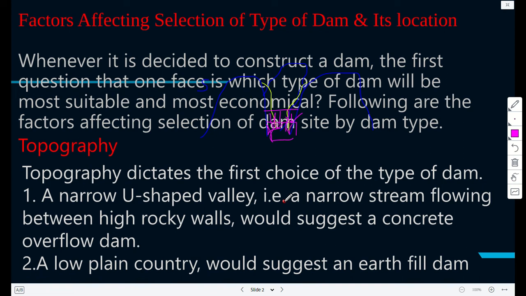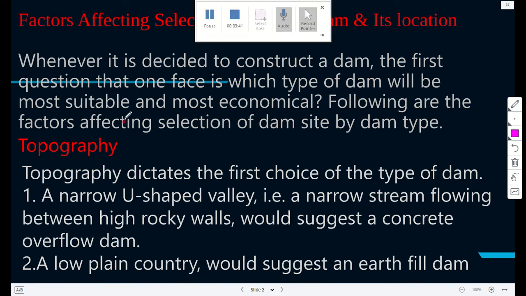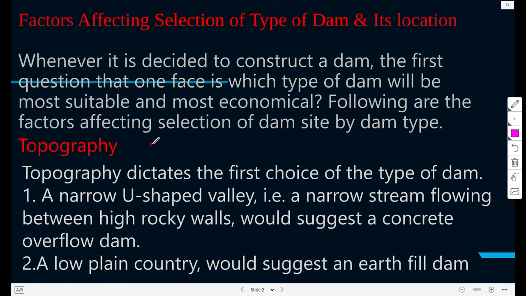You also need space, because once you impound the water it is going to form something like a lake, and you don't want the lake formed behind the dam to interfere with other people, if there are people living around.